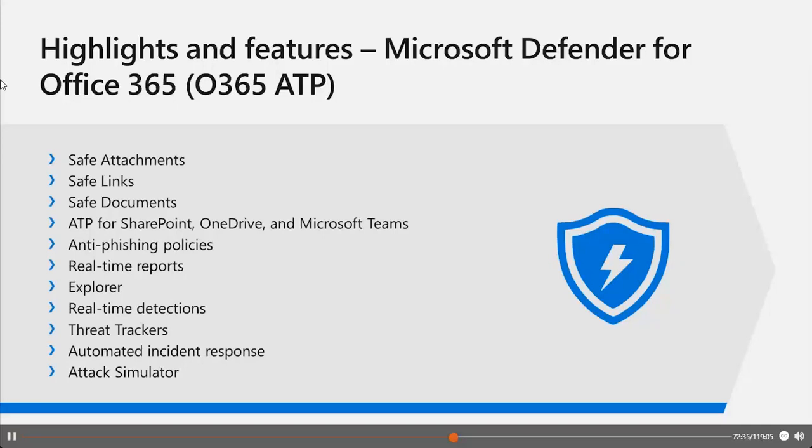Then we have the real-time reports. It's the monitoring capability, which is available in the Security and Compliance Center, and includes the real-time reports and the insights for a security administrator or compliance administrator, really focusing on high priority issues. The Explorer, also referred to as the Threat Explorer, is a real-time report that lets authorized users identify and analyze recent threats.